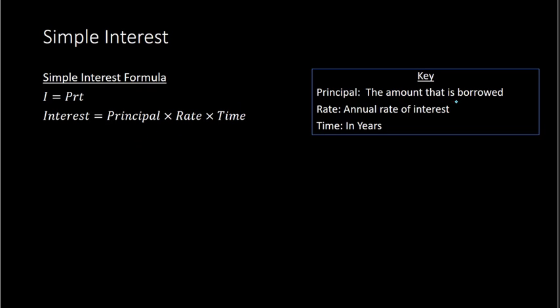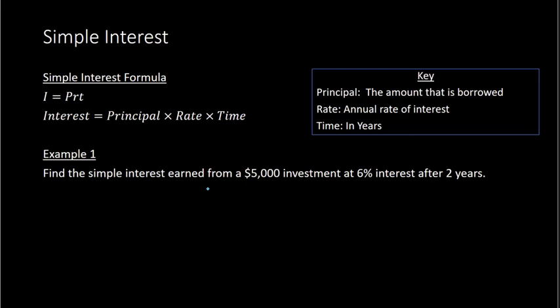So in the example with Leah, the amount borrowed is $5, so that would be your principal. The rate is an annual rate of interest, and the time is going to be in years.